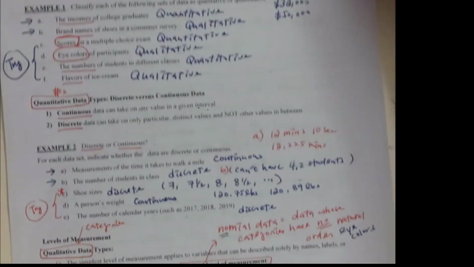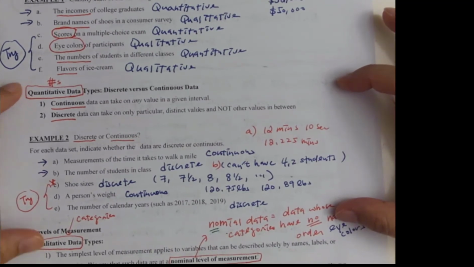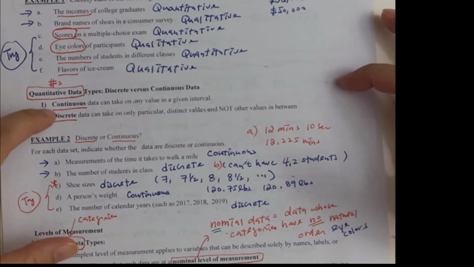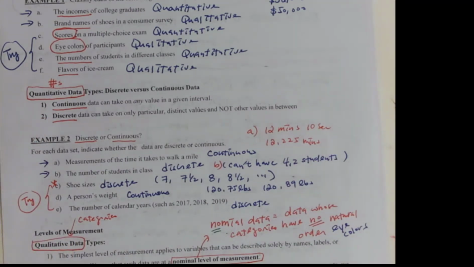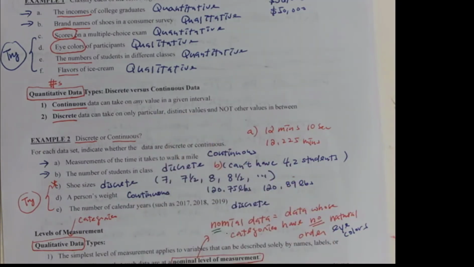The next part is to go a little bit further to categorize them. The quantitative ones with numbers, some of them are continuous, some of them are discrete. The discrete one naturally has certain distinct interval values, such as you can have 1 person, 10 persons, but not 10 and a half persons.